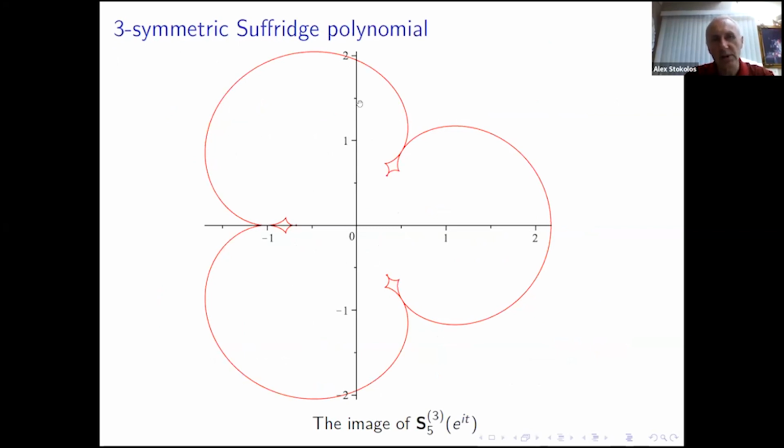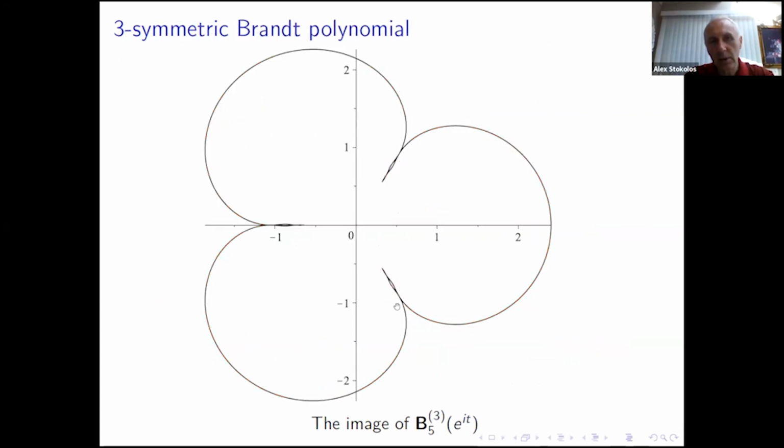This is a trisymmetric version of Suffridge polynomials, and this is a trisymmetric version for Brandt polynomials. You see, they look like univalent, the image of the unit circle under univalent mappings, which is very inspiring to us.